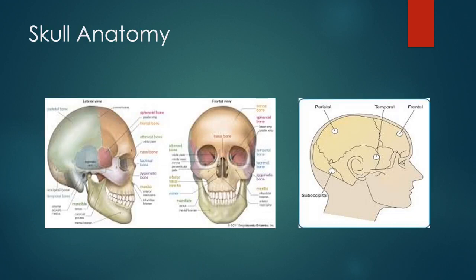So briefly, we look at the skull, we look at the frontal bone, the parietal bone, the occipital bone, the temporal bone, and then the sphenoid bone. So this is where most of the action happens.